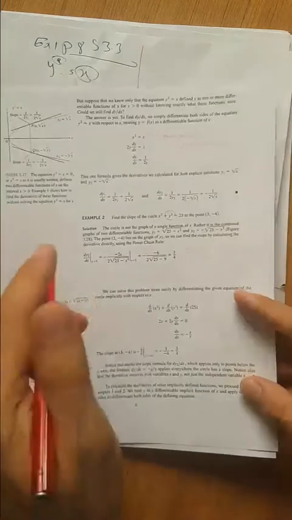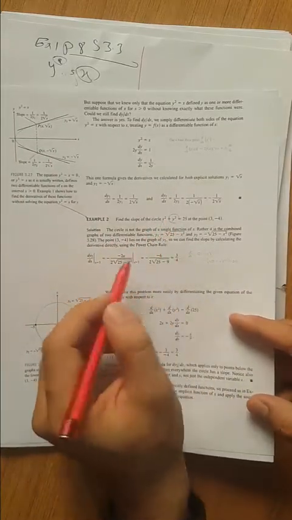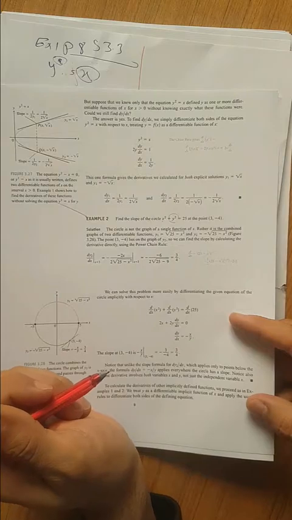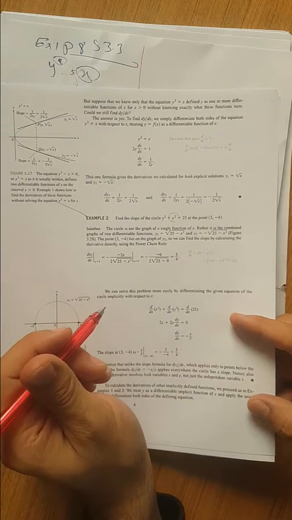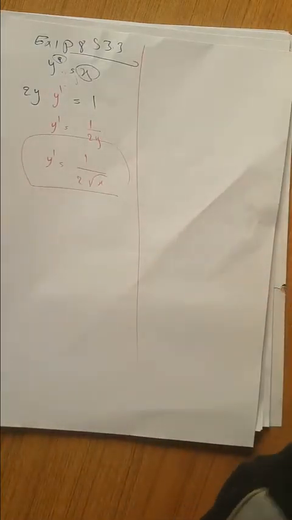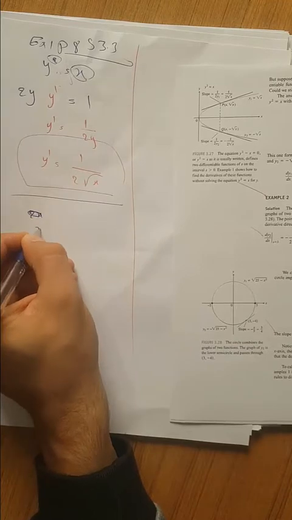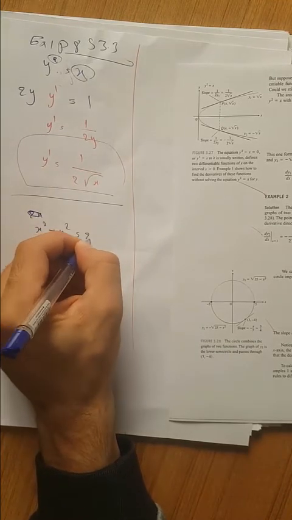I'm leaving the second example for you. It's not difficult, the same. Forget about the solution. Where's the solution? Here's the solution, y1 y2. You don't need this detail really, so just solve it like that. x squared plus y squared is equal to 25.